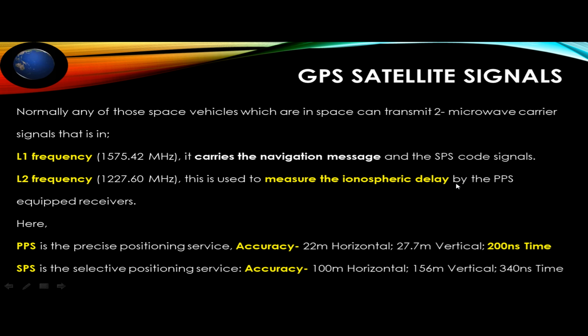And the L2 frequency uses this measurement for the ionospheric delay by the precise positioning services. So these two microwave carrier signals are there in your space vehicle: one carries the navigation messages, and the other is to measure the delay or time for the precise positioning services for the equipped receivers.